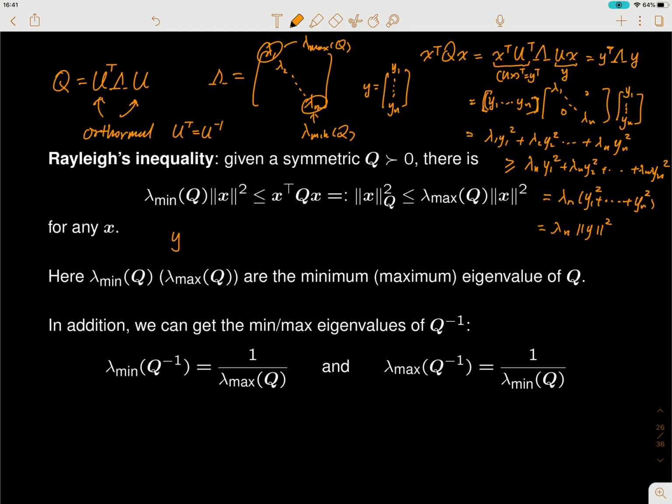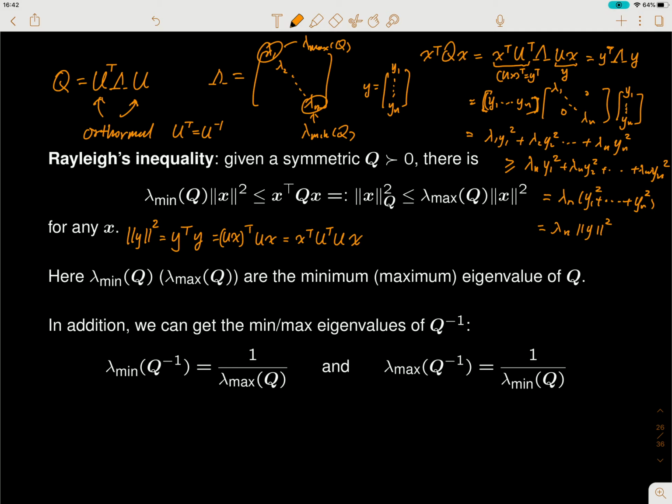You can also see this from here. Let's say I have y transpose y, which is the y norm squared, the inner product of y and itself. Remember that y is Ux, so I have (Ux) transpose times Ux. Putting the transpose on each of U and x, I have x transpose U transpose Ux.